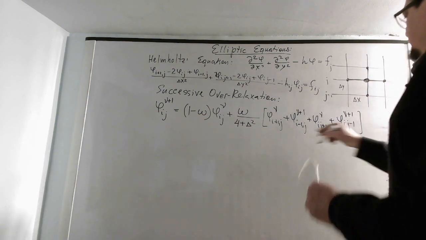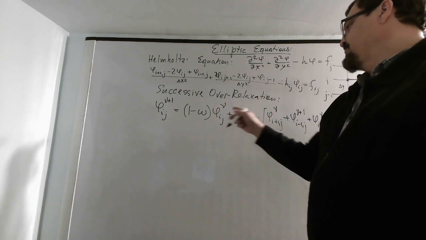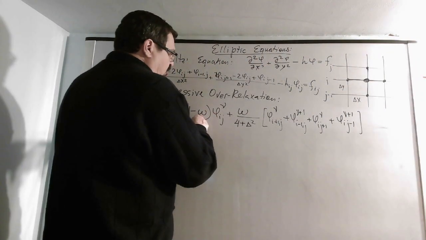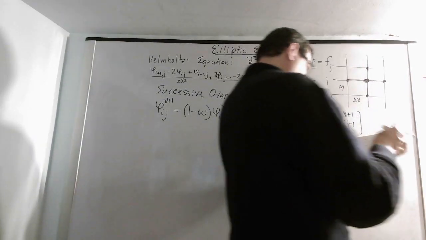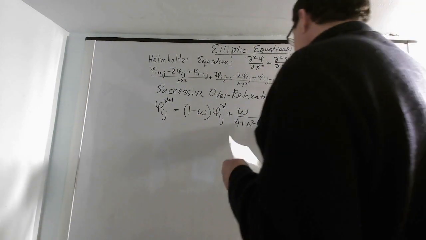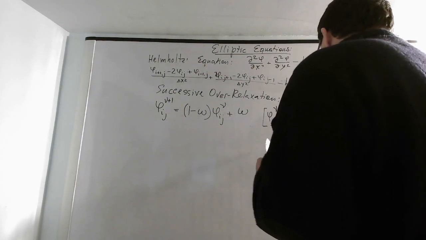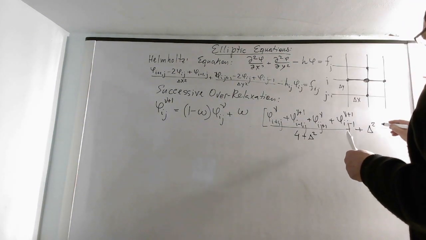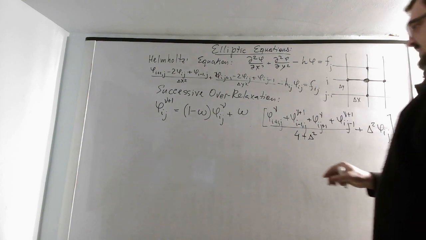So we basically use this as in the Gauss-Seidel method, but now we added this term with omega, which is a weight. And of course we forgot, actually it should be like this, divided by 4, plus delta squared, plus delta squared phi ij. I believe it's something like that.